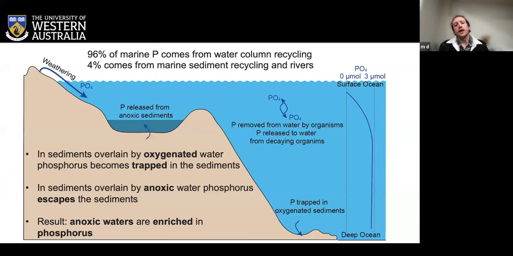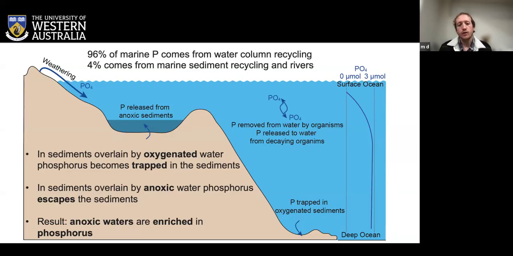So I'm going to start by giving a very, very crude overview of the marine phosphorus cycle. As I mentioned at the start, all of our phosphorus comes into the oceans from the weathering of the continents. And this is relatively a very small source of phosphorus in the oceans.